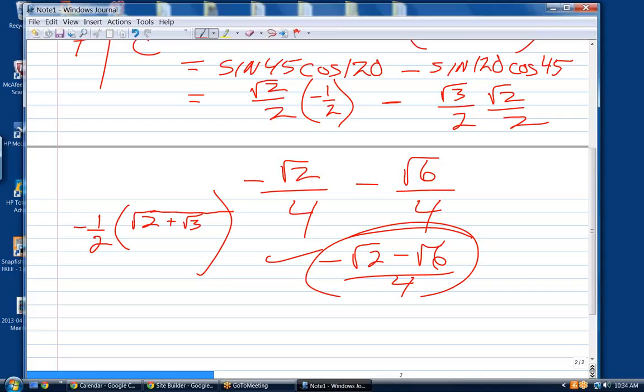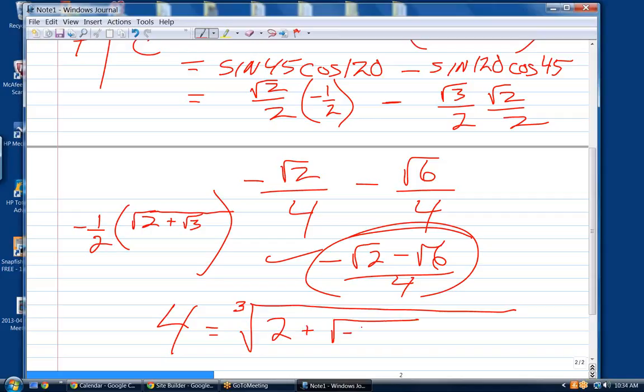It reminds me of Bombelli's complex numbers. Bombelli lived in 1572, and he discovered that 4 is equal to the cube root of 2 plus the square root of negative 121 plus the cube root of 2 minus the square root of negative 121.